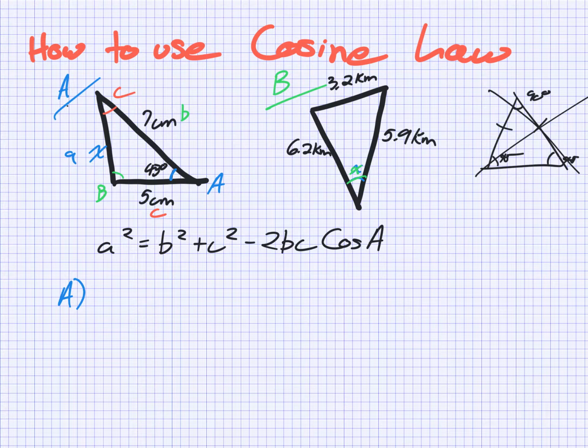Once we've done that, we make sure that opposite sides and angles have the same lettering, just like we talked about before. We just do substitution.